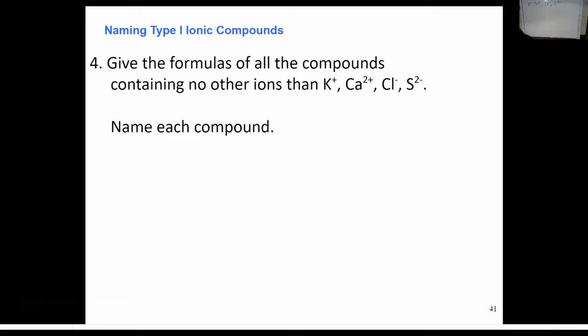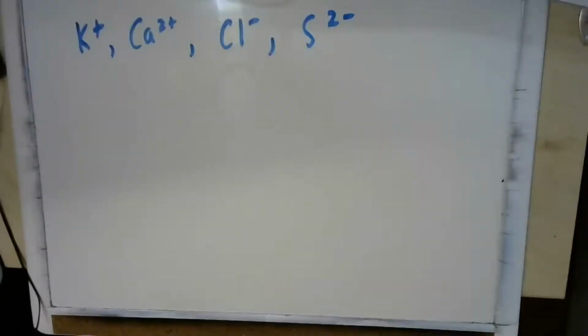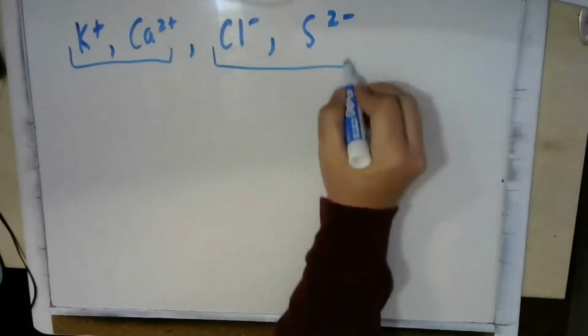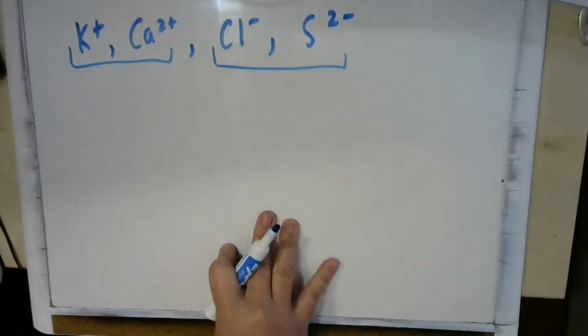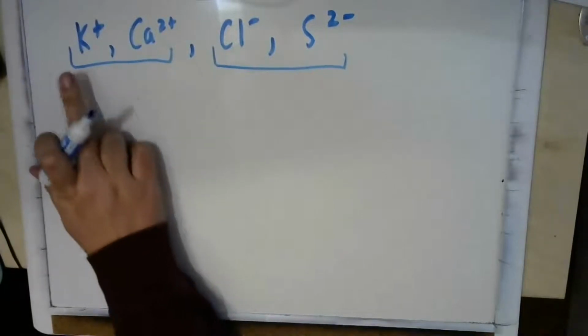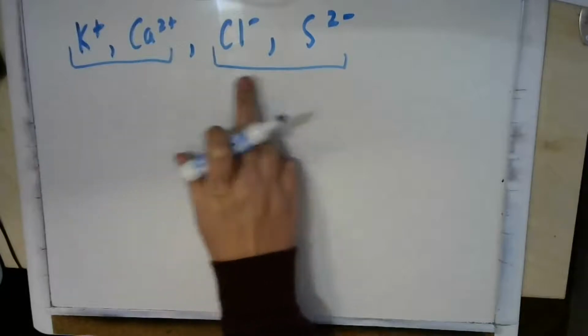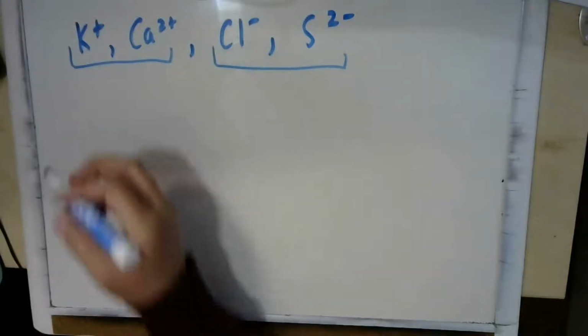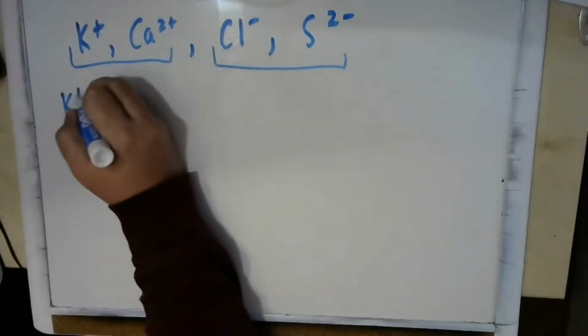That's the one that we're doing right now. So the first thing is to recognize that the cations are going to be reacting with the anions. We can't have a cation react with another cation. That's not how it works. So the potassium can react with the chlorine and the sulfur, and the calcium can react with the chlorine and the sulfur.